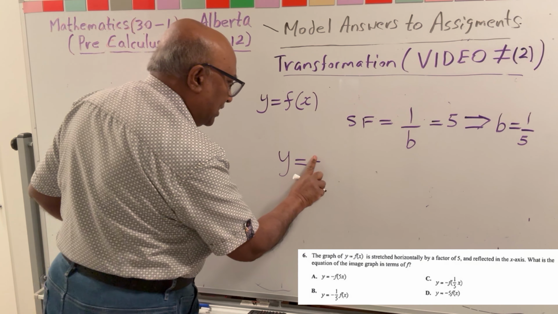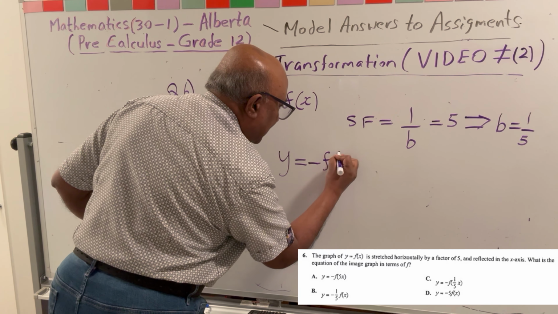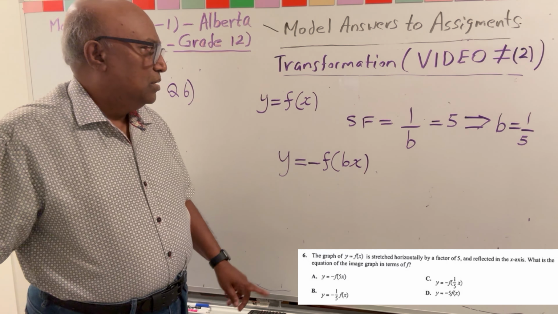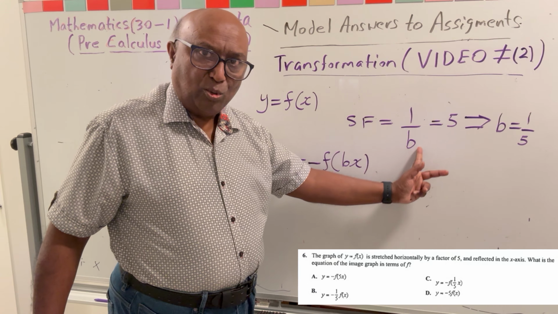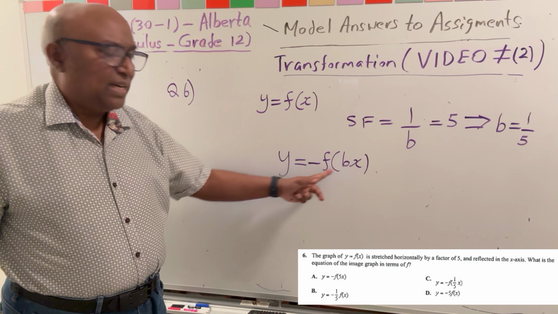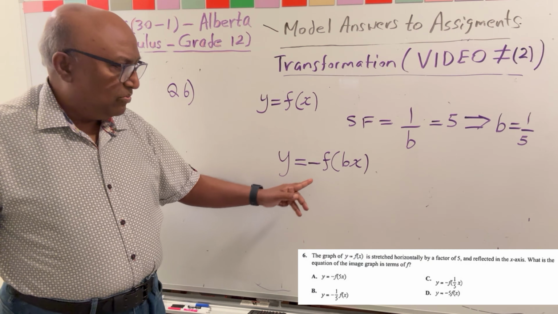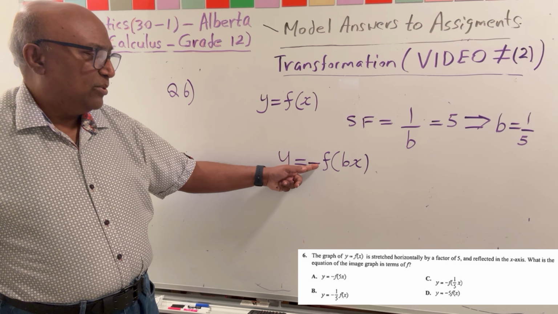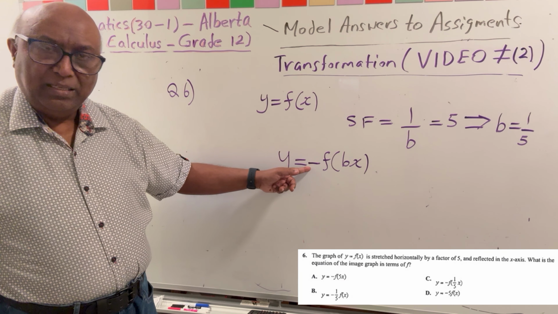Then what would be the equation? Minus f of bx. If the function is subjected to the horizontal stretch, then this is the way of writing the equation of the image graph with the reflection about the x-axis. The reflection about the x-axis has already been incorporated with the negative sign.